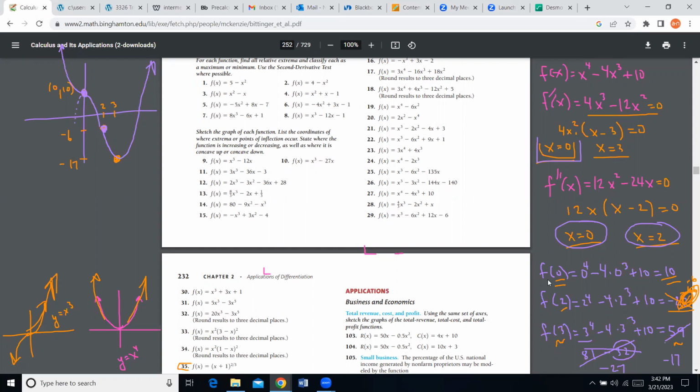Also notice that sometimes they say round your results, which means that you're not going to get nice numbers. And that's why I would say don't try to do every single exercise here, because some of them might not be very nice, which means that some of them may have fractional zeros, and that could give you lots of hard time.